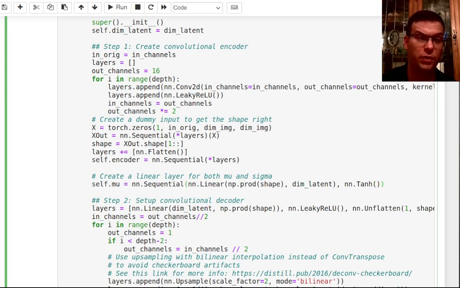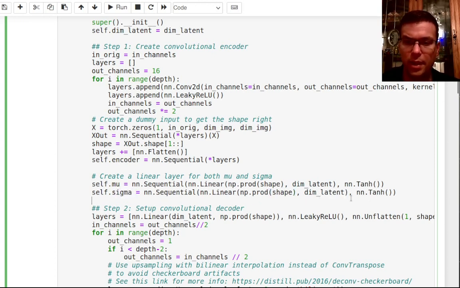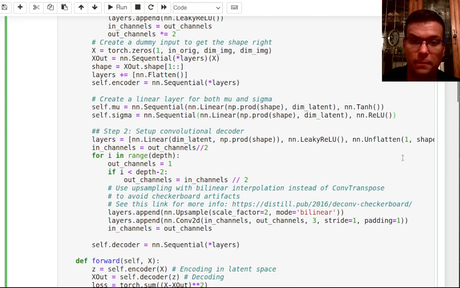Unlike a sigmoid, which is between 0 and 1, that's going to keep me between -1 and 1. We'll try that to start with. And then I'll have an encoder for the standard deviation, sigma. There are just as many sigmas as there are mus. In this case, though, I'm going to use a ReLU. I don't want this to be negative. It only makes sense if my standard deviation is non-negative. So that's the only change you need to make there.